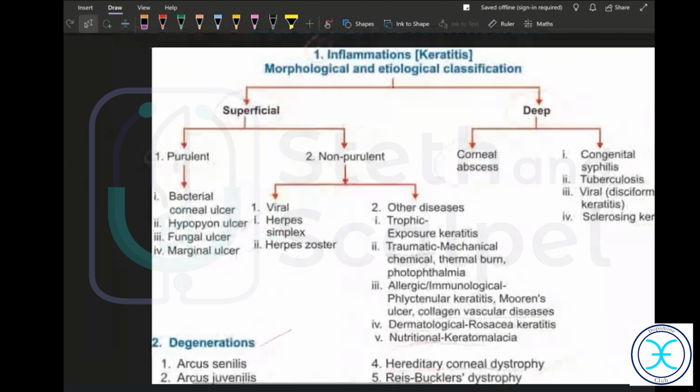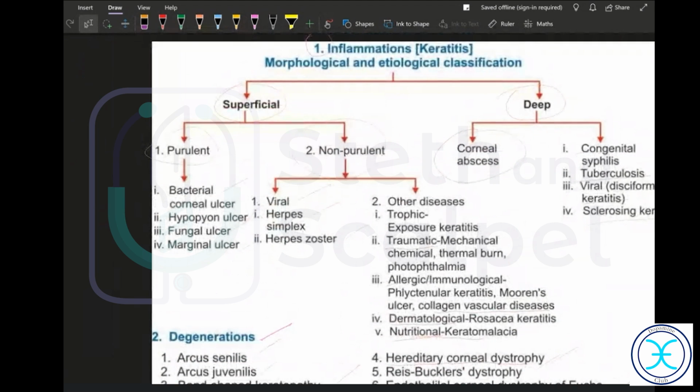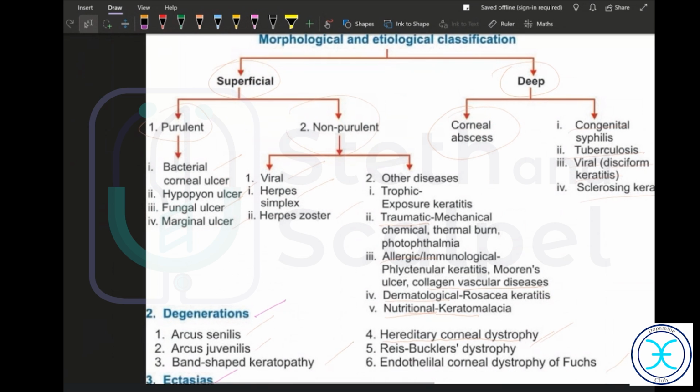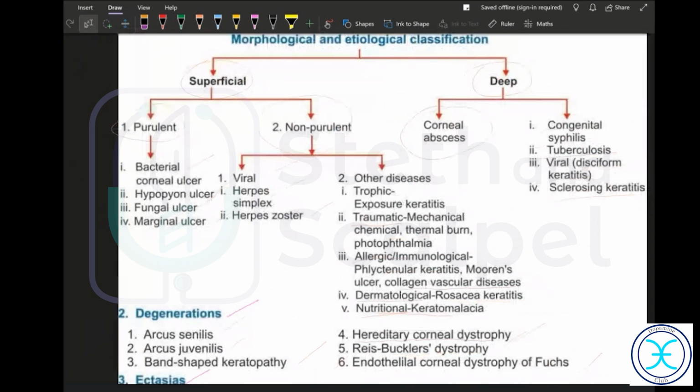So we were talking about inflammation, right? The keratitis. Based on the causes, you can have bacterial, fungal, or marginal ulcer, and then viral. These are all superficial.